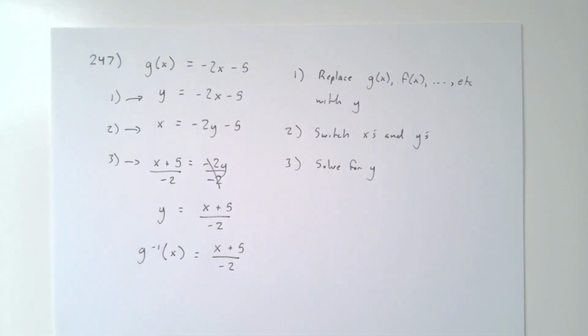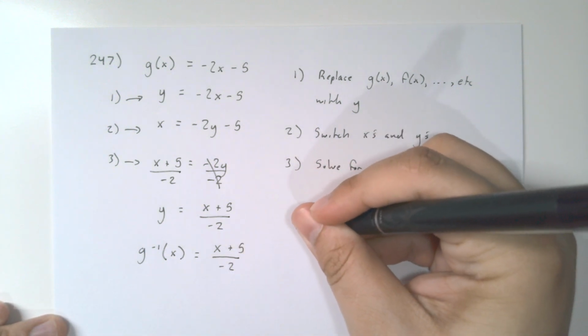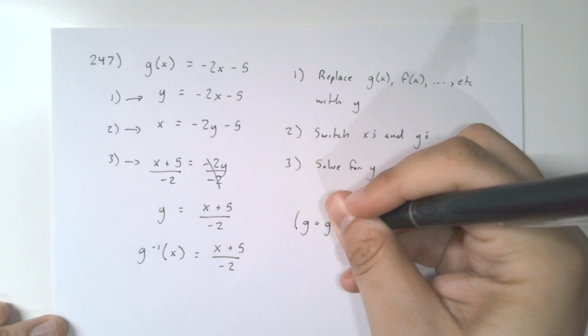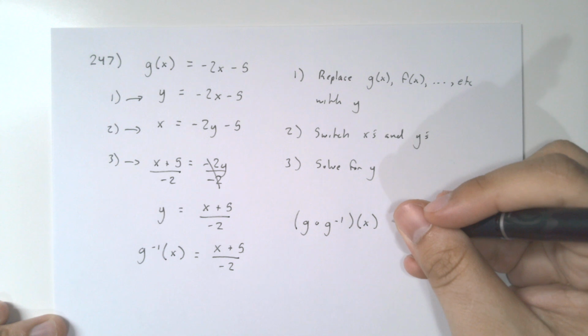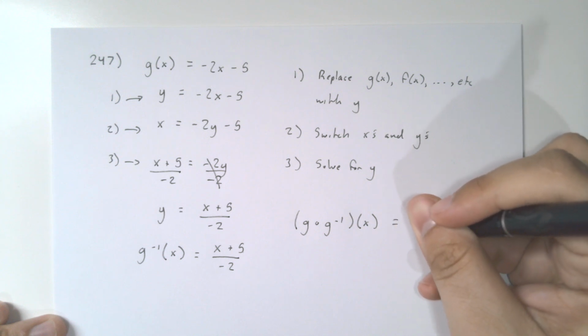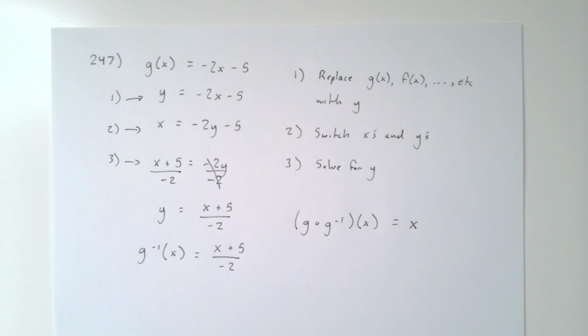And so now we want to confirm, is this actually our inverse function? As mentioned in the last video, we can compose these, and we do g of the inverse of g of x. And if we do that, it should be equal to x.